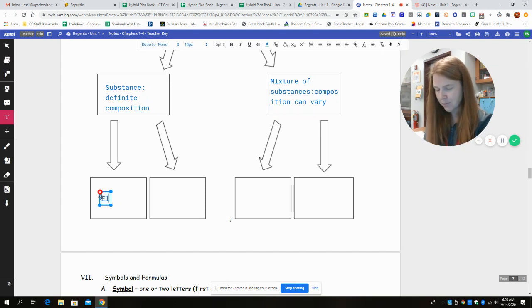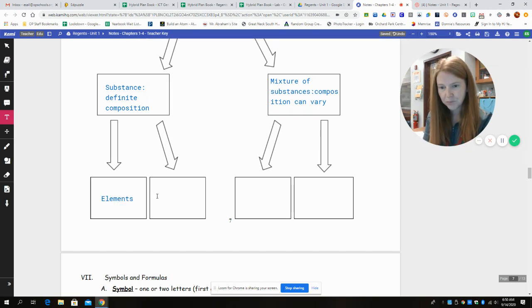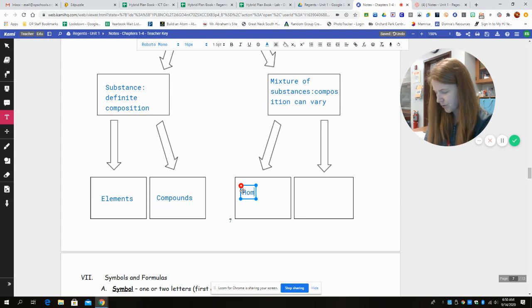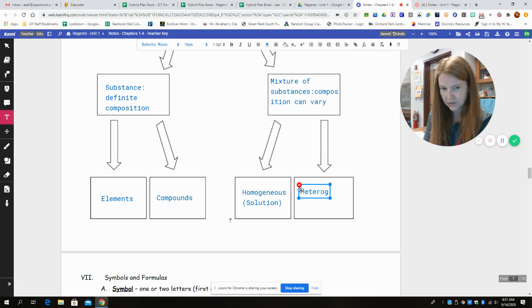Substances separated into elements or compounds. My mixtures are separated into homogeneous, also known as a solution, or heterogeneous.